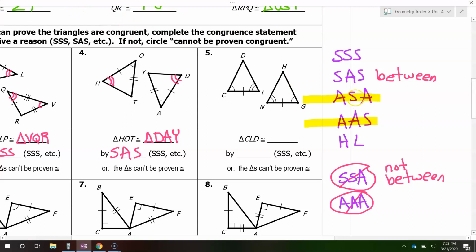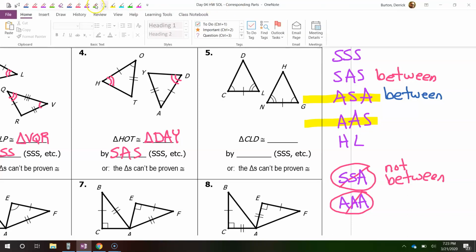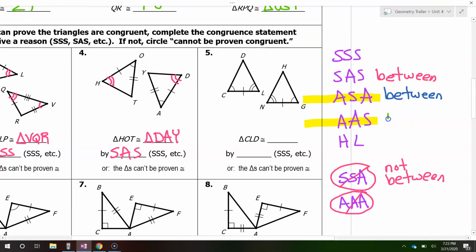Well, again, it comes down to between or not between. See how the S is between the two A's? That means the side has to be between the two angles. If the side is not between the two angles, then it will be angle, angle, side. So this is when it will be not between.